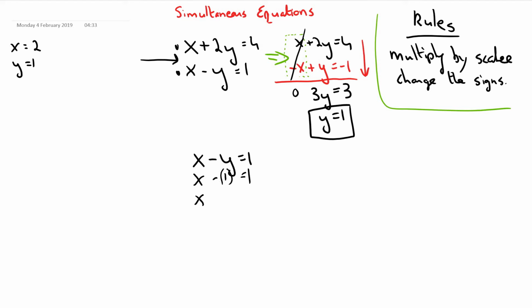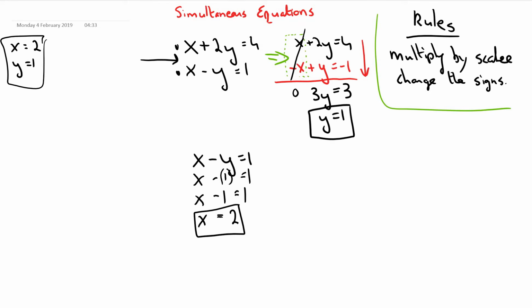So x minus 1 equals 1. So x equals, add 1 to both sides, I get 2. X is 2. So x is 2, y is 1, and look over here, it's the exact same as what we had.